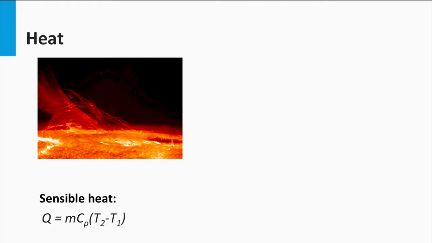Sensible heat is the one that results in changes in temperature and can be defined as the product of the specific heat capacity of the material, Cp, the mass of the sample, m, and the temperature difference. On the other hand, the latent heat is the one that, without change in temperature, is able to make the material change its phase.